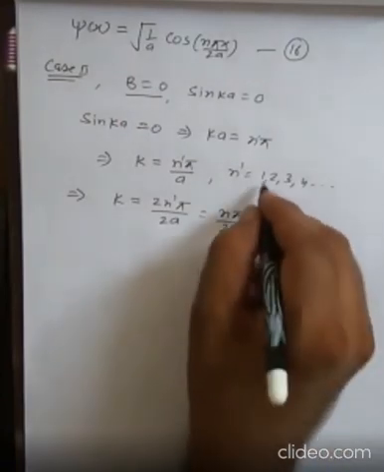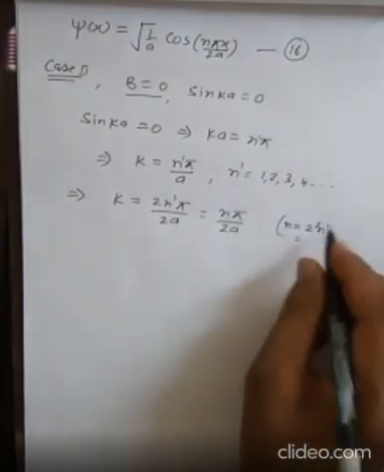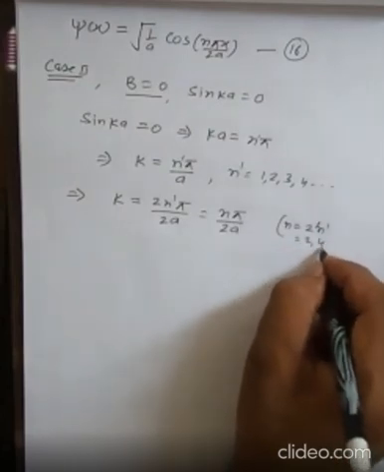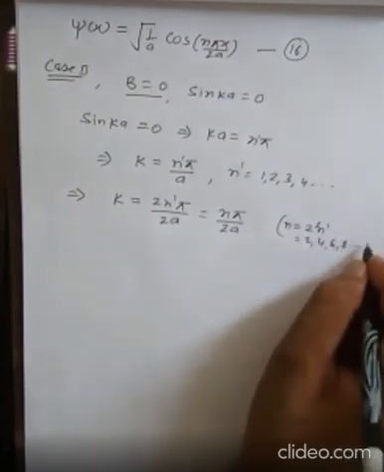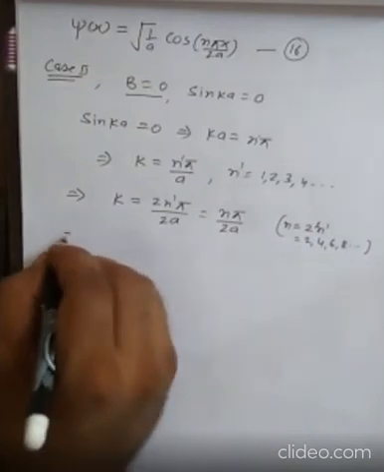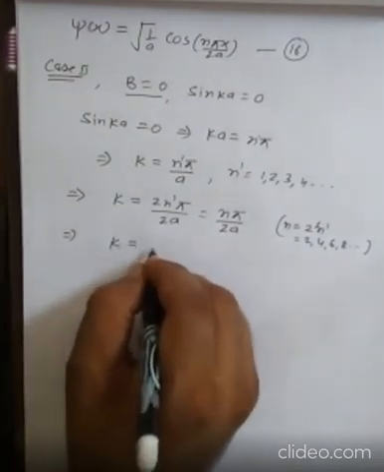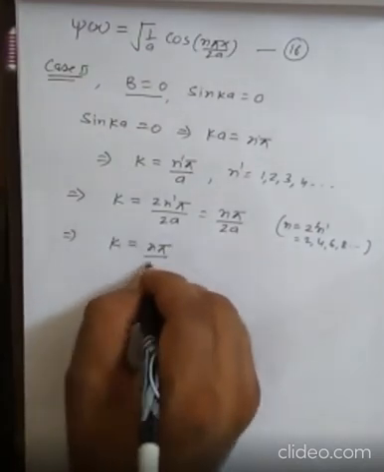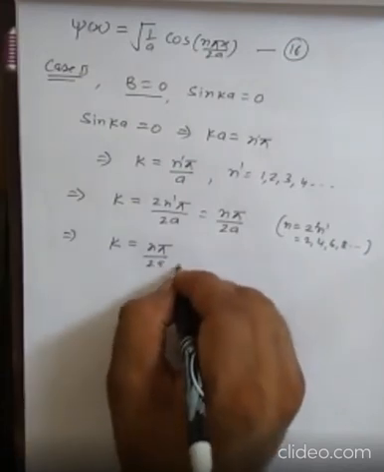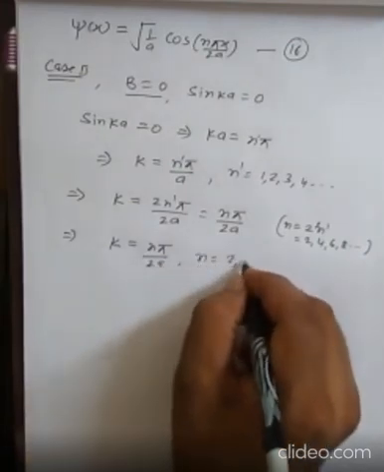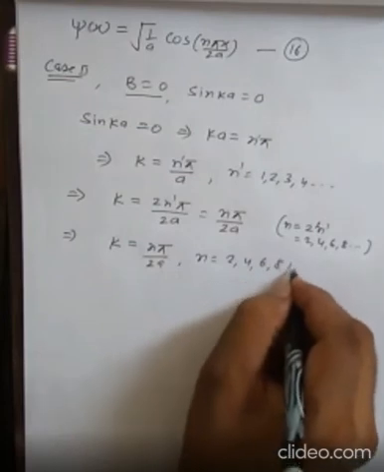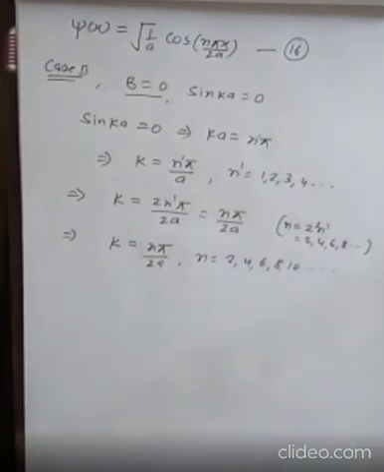So if I use the value of n prime, then I will get the value of n will be 2, 4, 6, 8, like this. Okay, so k value will be n pi divided by 2a, and n is 2, 4, 6, 8, 10, even numbers.